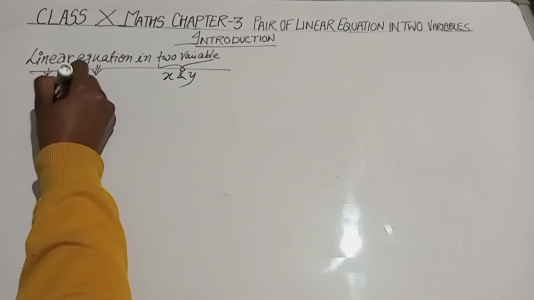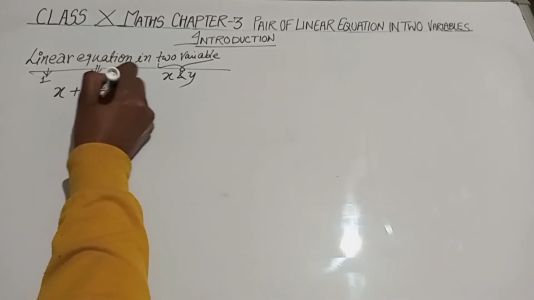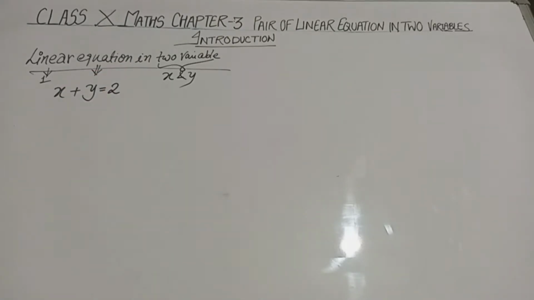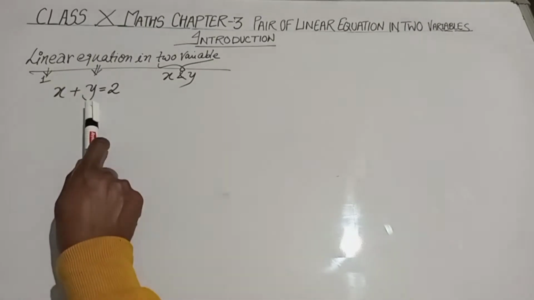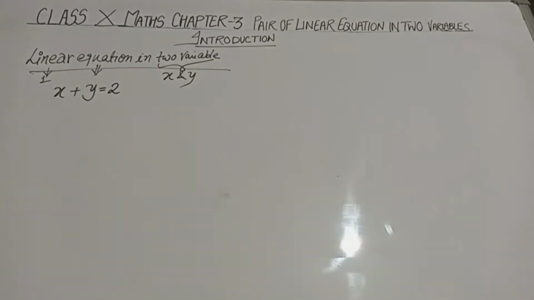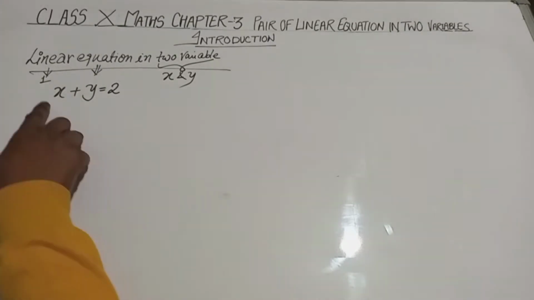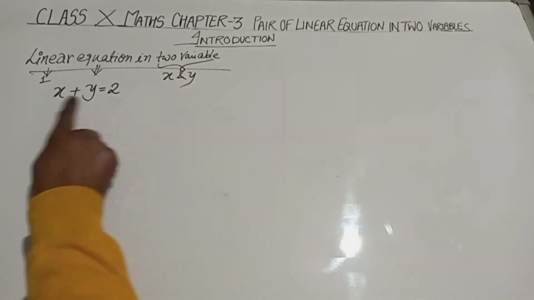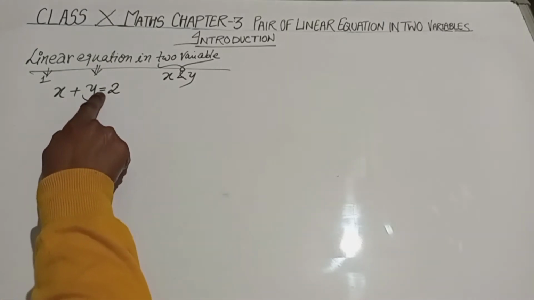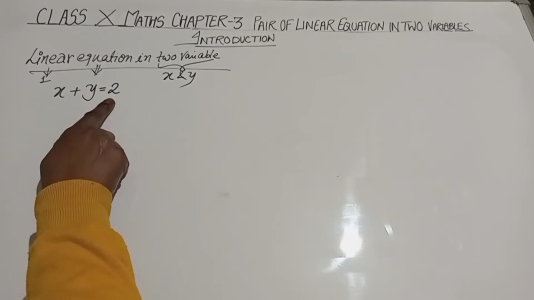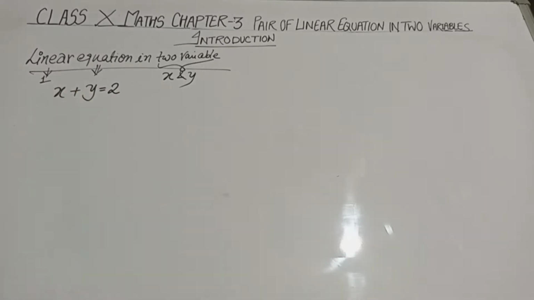An example is x plus y is equal to 2. Here the degree of x is 1 and the degree of y is 1, and the equality exists. There is an equal sign, LHS and RHS exist, and there are two variables, x and y. This is a linear equation in two variables.